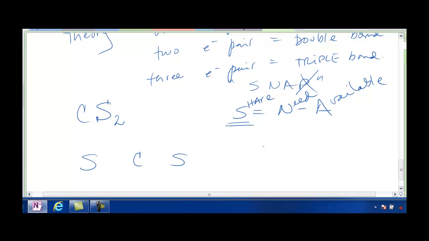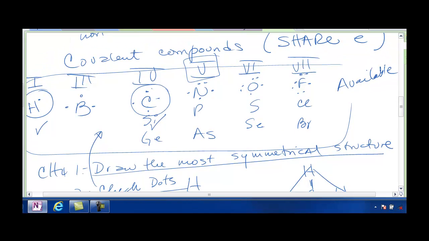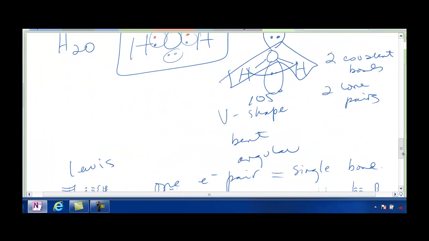Okay, so what do we need? Everybody needs 8. Sulfur needs 8, this guy needs 8, and that fellow needs 8. So 8 times 3 is 24. What do we really have available? Carbon has available 4. This guy has available 6. And that guy has available 6. So we pull out our charts. Carbon has 4. Each of the sulfurs has 6.